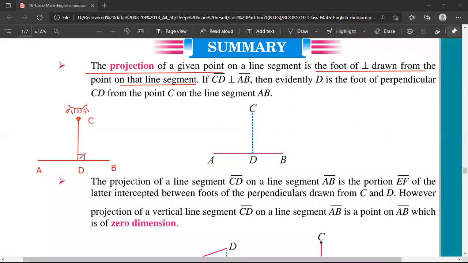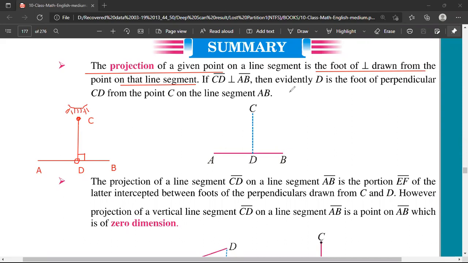And this point D is explained well in the textbook as well. So I would read it from there: if CD is perpendicular to AB, then evidently D is the foot of the perpendicular. So we are talking about the projection point of point C, C's projection on line AB.